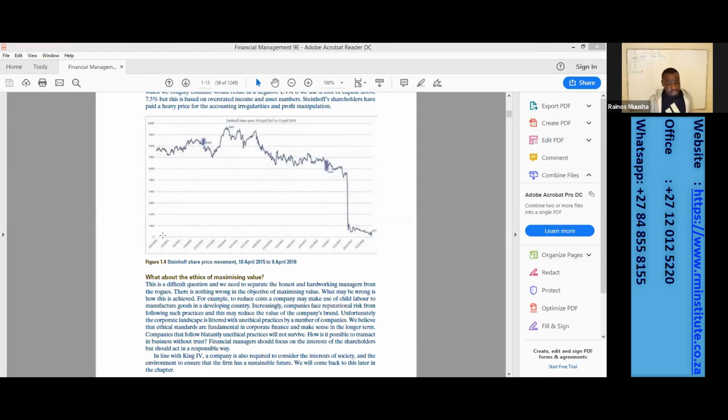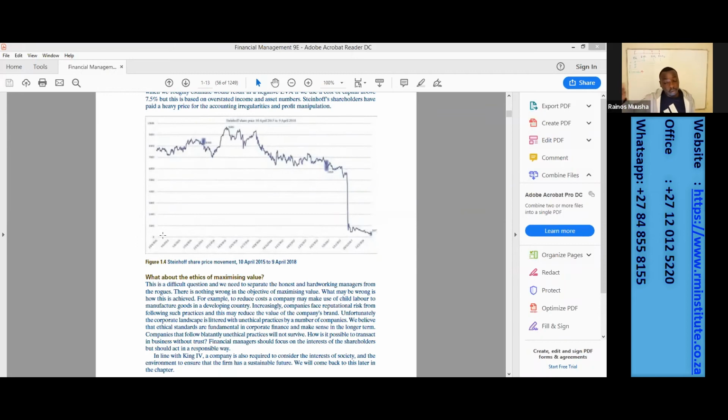Remember, we said the pursuit of profitability is a short-term goal, but the long-term goal is to maximize shareholders' wealth, which means when a company is acting ethically over the long run, they are going to be able to continue, they are going to be able to survive, and more people are going to want to do business with that company because they have a good reputation. So because of this, it basically means that there is a link between the company acting ethically and the value of the company.